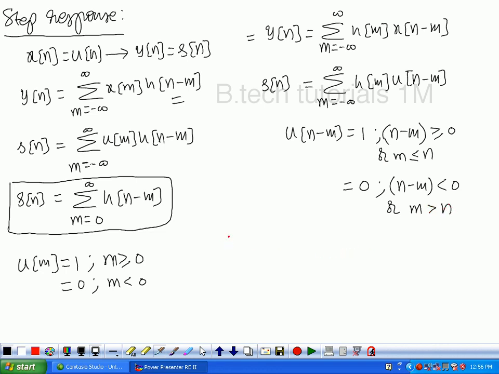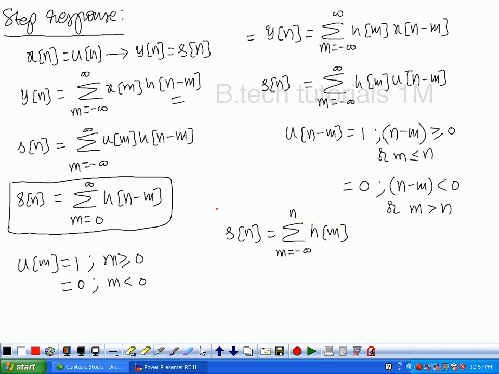Okay. So therefore, the step response of the system is equivalent to sigma from m less than or equal to n, that is m equal to minus infinity to n, h of m, because u of n minus m is 1. For the remaining values, for m greater than n, that is n plus 1, n plus 2, it is 0.